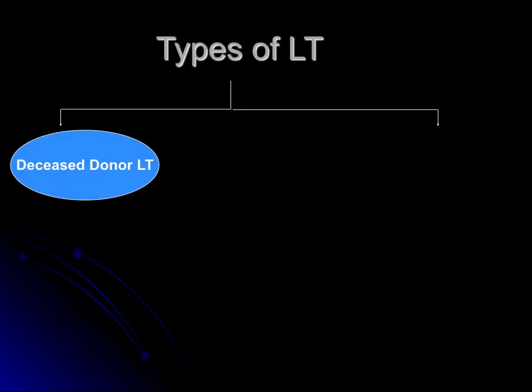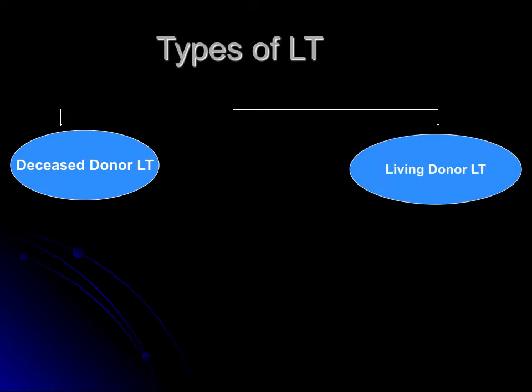For the types of liver transplantation, we have either deceased donor liver transplantation or living donor liver transplantation. As I've said, in liver transplant we have a donor and a recipient. If the donor is a cadaver, we call it deceased donor liver transplantation. So the donor is cadaveric in the deceased donor, which is the commonest done worldwide, not in Egypt, but worldwide, using the whole liver.